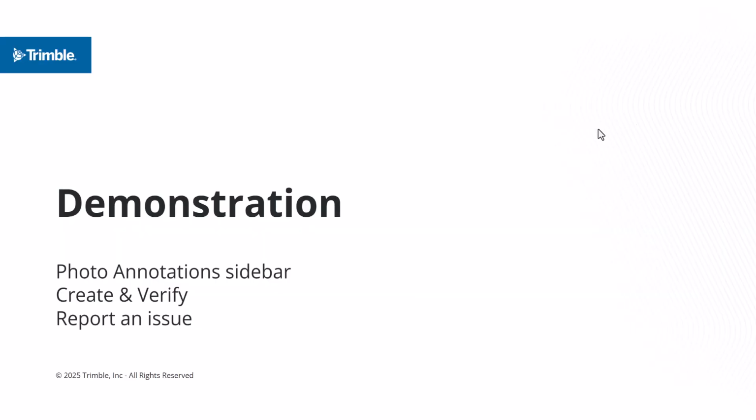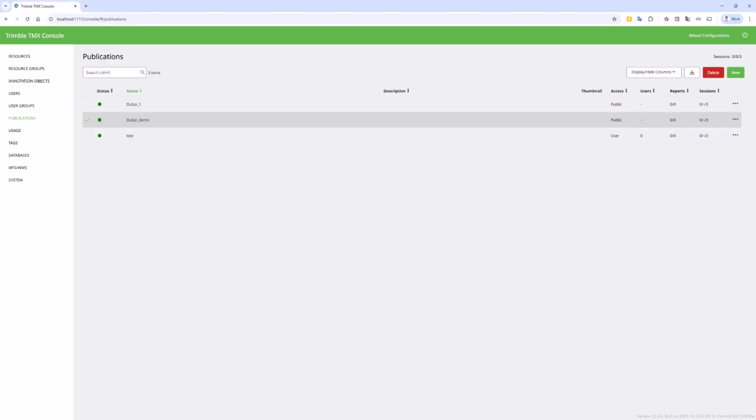Moving further with the demonstration part of the publisher, the photo annotation sidebar, create and verify tool, and report an issue option will be covered. So for demonstration, I'll open another browser with Open Console in it, and this Do by Demo publication is already prepared to be used.